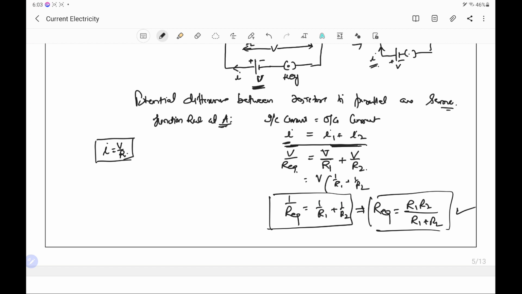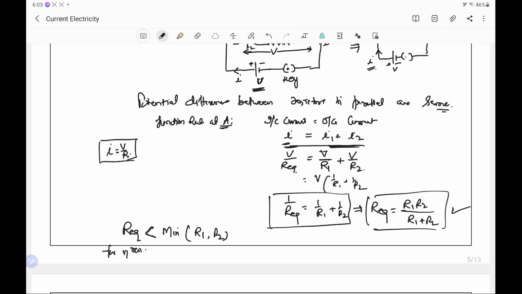From this formula, we can say that R equivalent of parallel combination is less than the minimum of the individual resistors R1 and R2. For n resistors in parallel combination, we can write 1 by R equivalent equal to 1 by R1 plus 1 by R2 and so on to 1 by Rn.